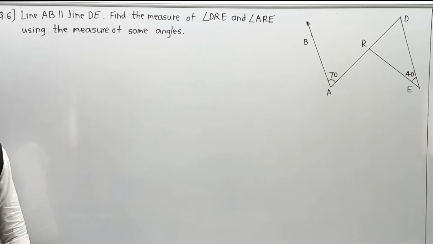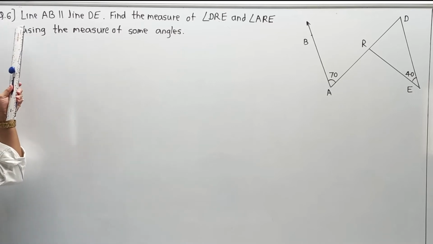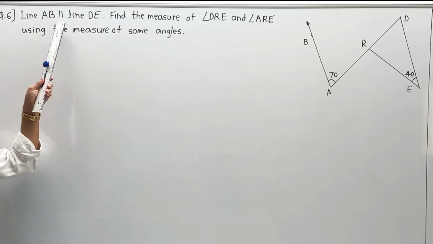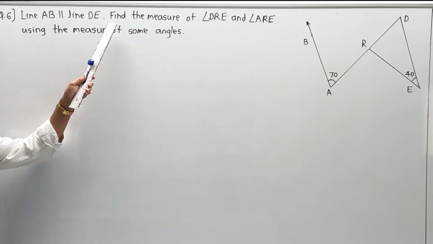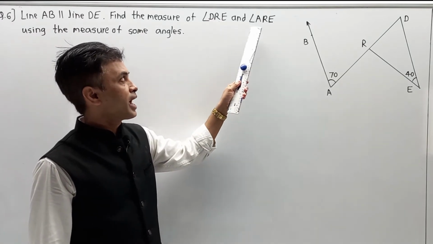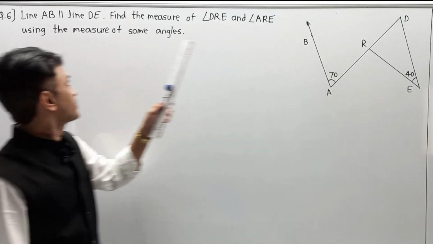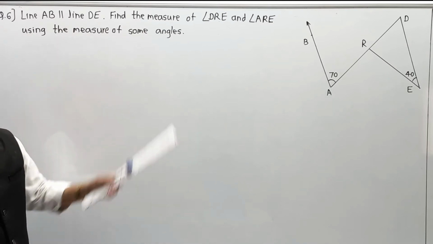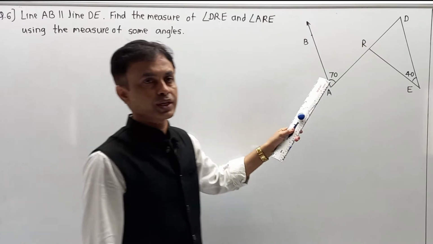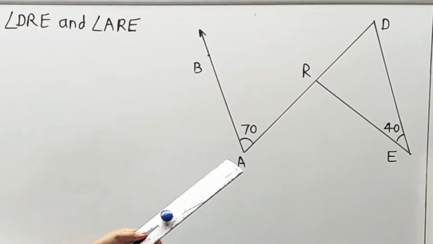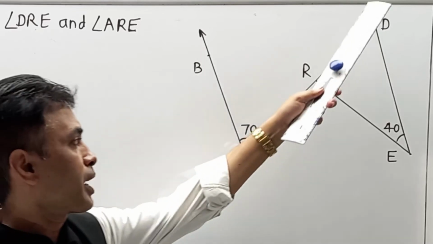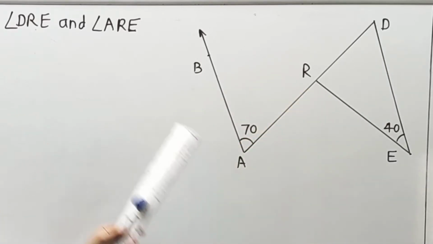Now student, we are moving to question number 6, and the part is line AB parallel to line DE. Find the measure of angle DRE and angle ARE using the measure of some angles. Now we are trying to understand the same question over here. As per their condition, line AB is parallel to line DE or ray DE.